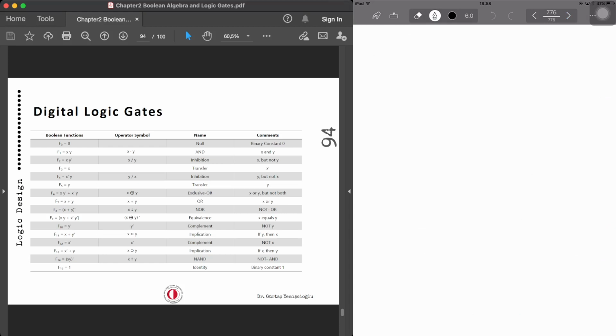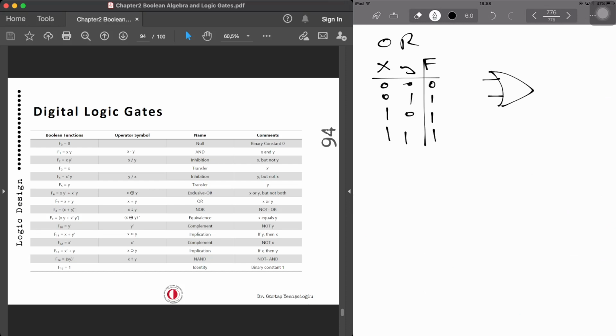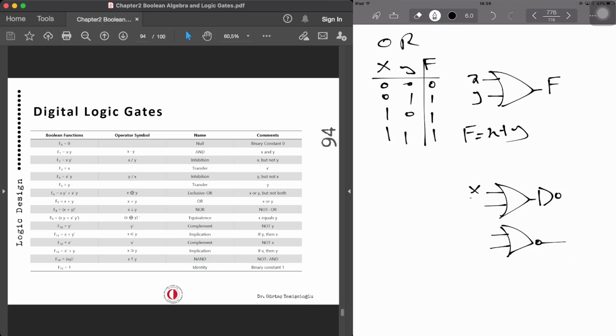And the same applies for OR, where we have X, Y, and F: 0, 0, 0, 1, 1, 0, 1, 1, and 0, 1, 1, 1. The implementation is like this, X, Y, and F. So F equals X plus Y. Again, if we introduce an inverter in front of it, which becomes something like this, they are both the same thing.